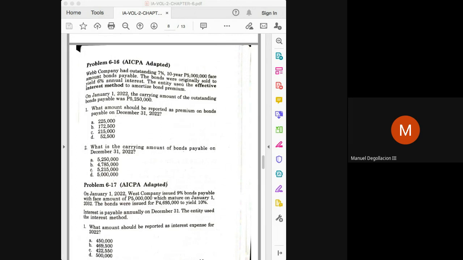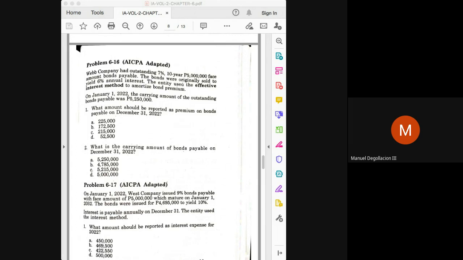After 2 years, it will not be 225 because we have an additional amortization of 25. It will now just be 200. Okay? Then you can expect that by next year, it will be 175. The following year, 150. Okay, it's very easy to plot the trend or the trajectory of your premium if you're using the straight line method.